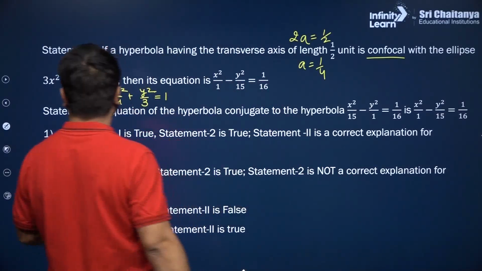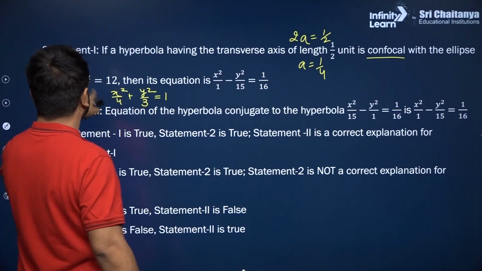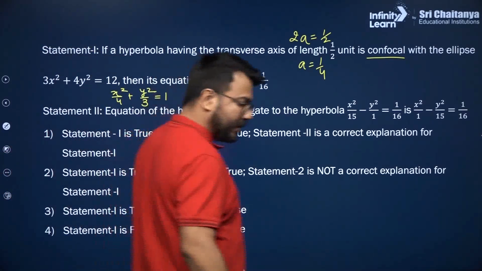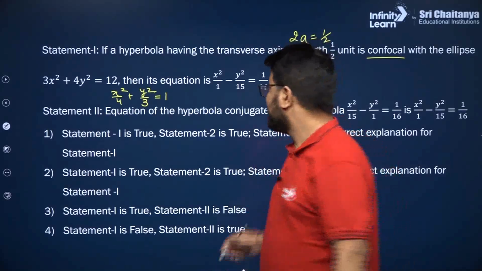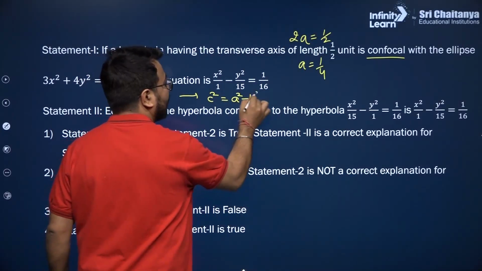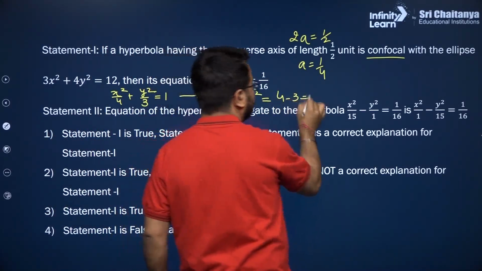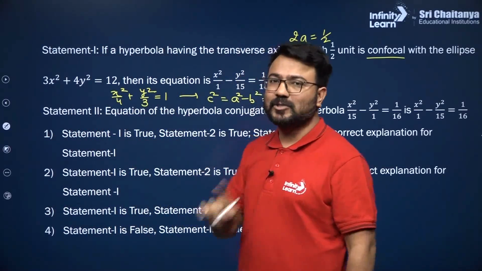Yeah, the equation is perfect, there is no problem in that, okay? So in case of an ellipse, the value of c square will be a square minus b square, and a square is 4, b square is 3, so 4 minus 3 will equal 1. So the value of c will be plus or minus 1.